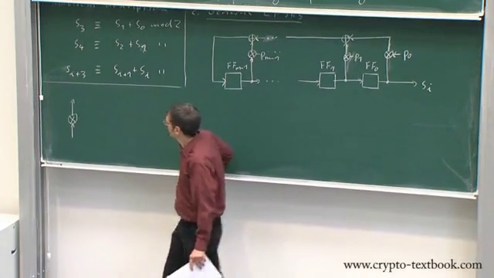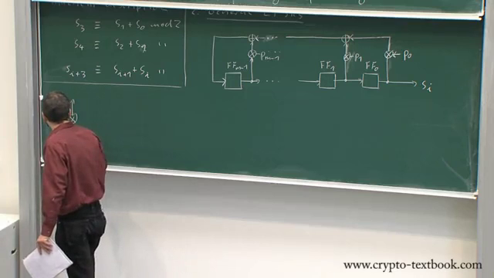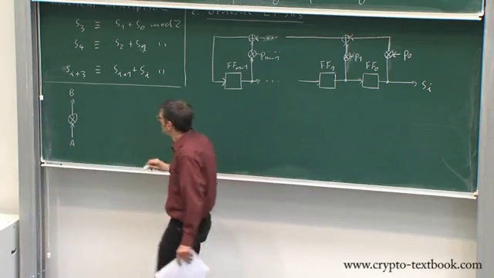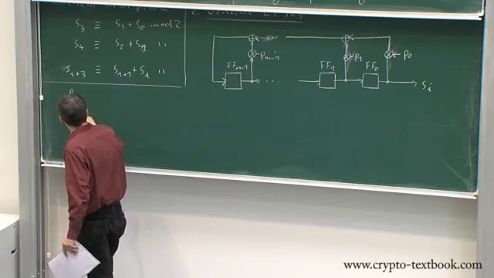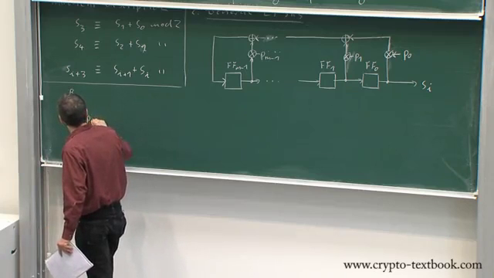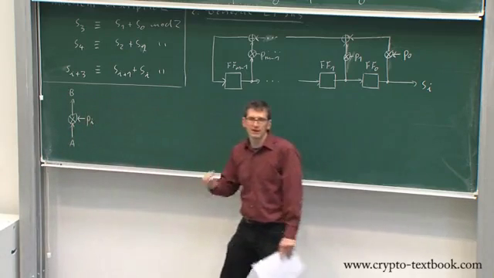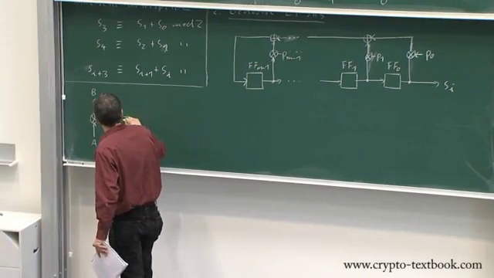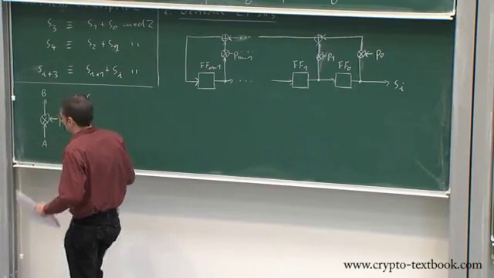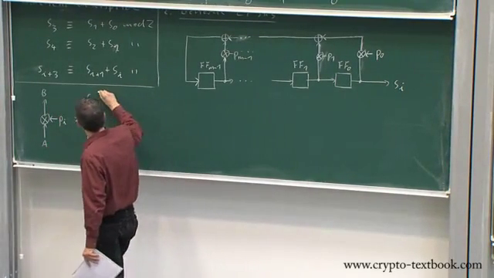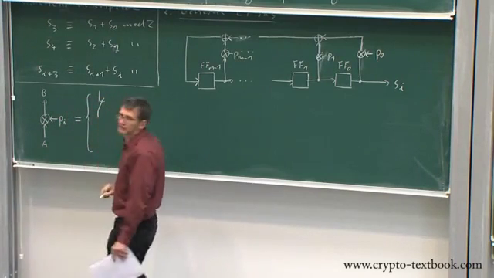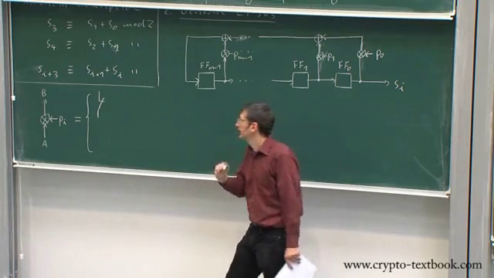Say A and B are input and output, and we have one of these variables pi here. This behaves like a closed switch if pi, this p variable, has a value 1.